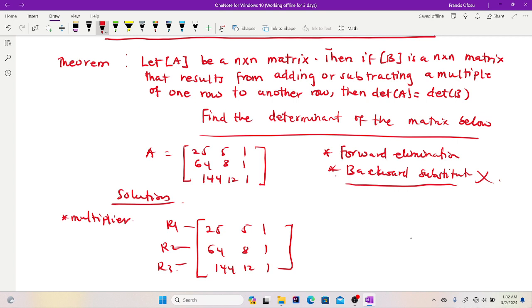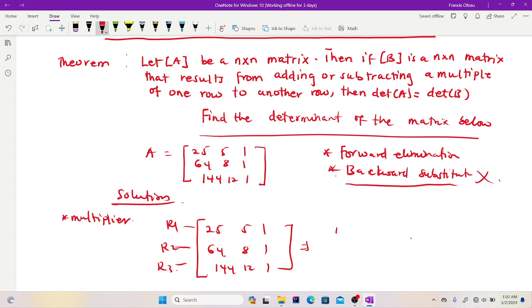So we will multiply the multiplier by that, then either subtract or add to the others in order to eliminate this. So if I want to eliminate 64, I need to multiply a certain thing by row 1 so that it will become 64. Then I can subtract it from row 2 to take this 64 out. So the multiplier is simply the entry which I want to remove divided by my row 1 entry.